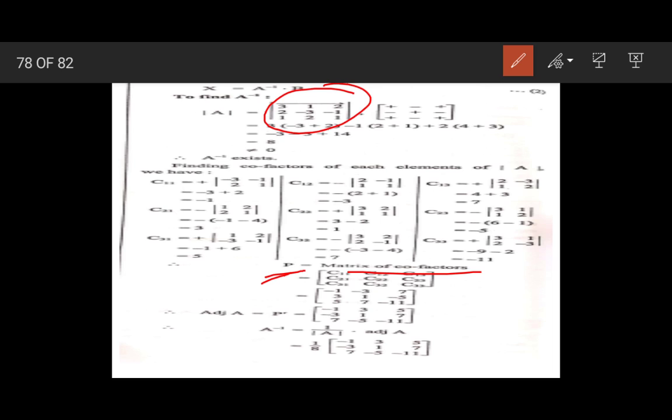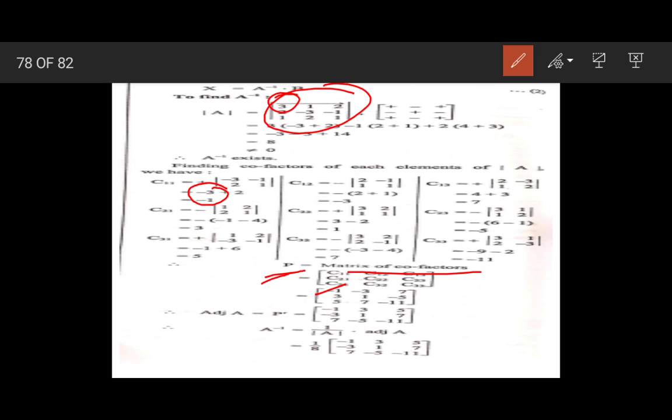So in the place of element 3, we have to write the cofactor of 3. The cofactor of 3 is minus 1, so minus 1 will come in the first place.